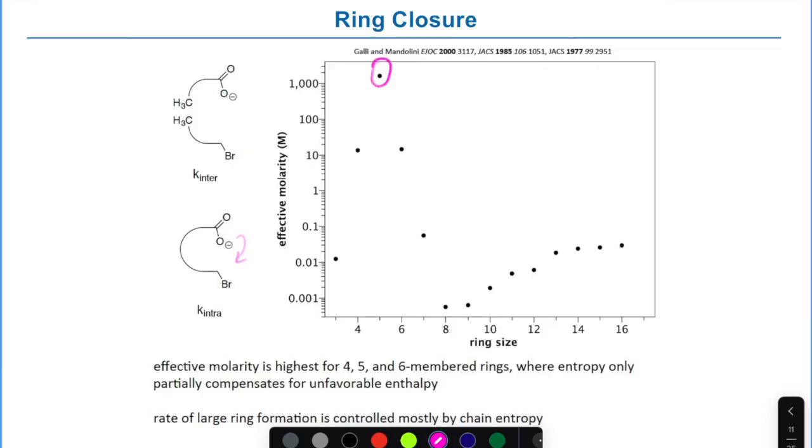So really, this is the outcome Baldwin's rules say, pulled out by those three parameters: the entropy penalty you put in, the ring strain you're forming, and the relative rate you get from the intramolecular reaction, that restricted geometry. It comes out with the 5-membered ring being kinetically favored over the 6, but thermodynamically the other.